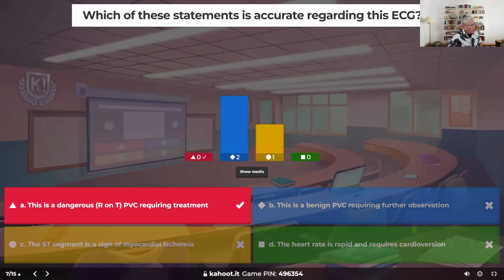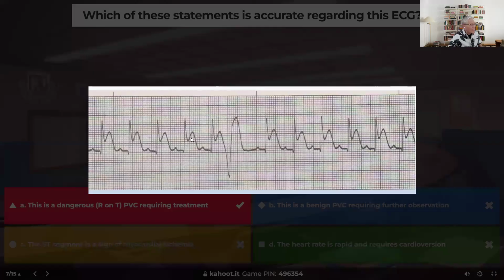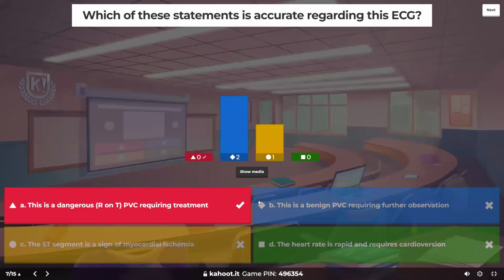Okay. So if you answered letter C, it's incorrect. And the reason why it's incorrect is because the ST segment is elevated. And therefore, it is a sign of what? MI, ST elevation MI. Ischemia would be manifested by ST depression.